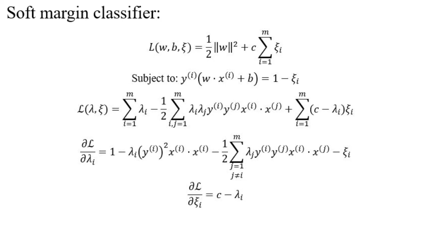The interpretation of c is that if c is large, we will not be okay with misclassification, and if c is small, we will be. Going through the Lagrange multiplier approach, we will have a Lagrangian in terms of lambda and xi. We can then perform gradient descent to optimize for lambda and xi. Once w and b are found, the decision rule computation remains the same.